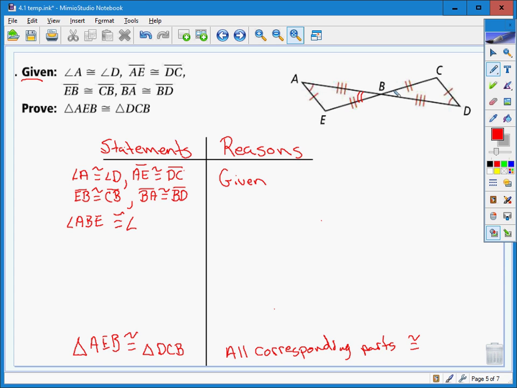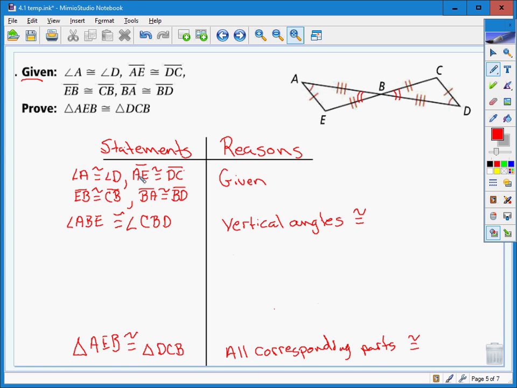ABE is going to be congruent to CBD. Can you tell me why? Vertical angles. Somebody said it. Very good. Vertical angles are congruent.